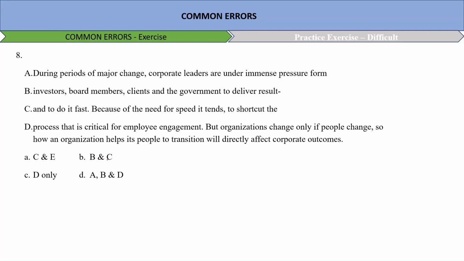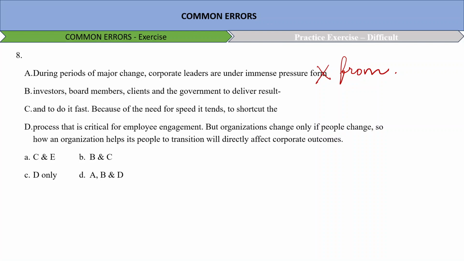Okay, so here you see sentence A says during periods of major change, corporate leaders are under immense pressure. Immense pressure from whom? From investors, right? From investors, first thing.